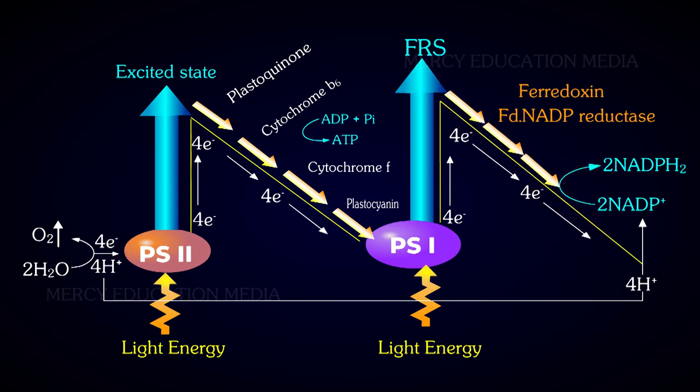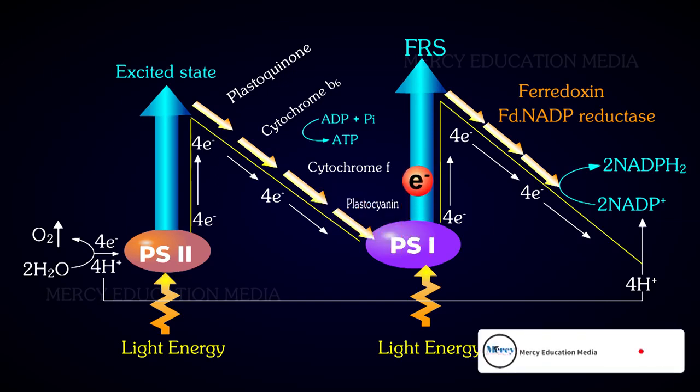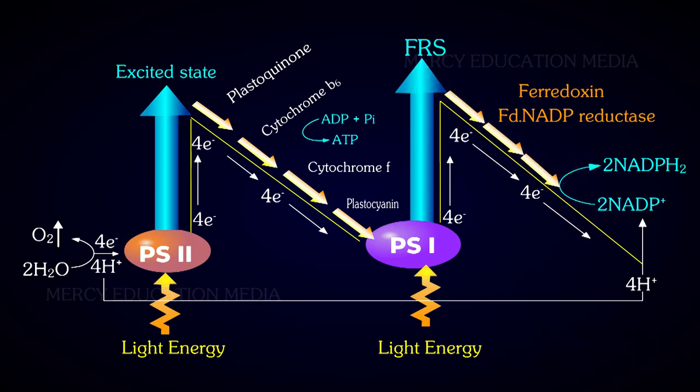Therefore, this electron transport is called non-cyclic electron transport and the accompanying phosphorylation is called non-cyclic photophosphorylation. The non-cyclic electron transport takes place in the form of a Z. Hence it is also called the Z scheme.